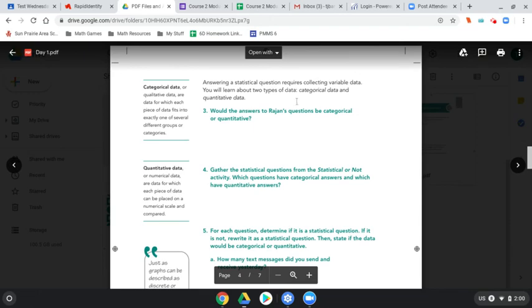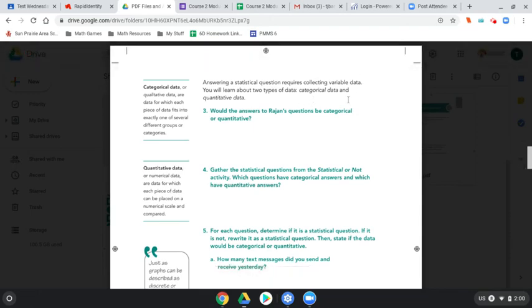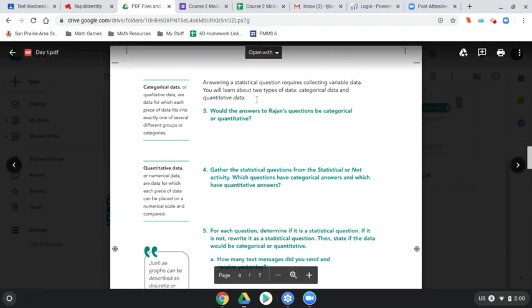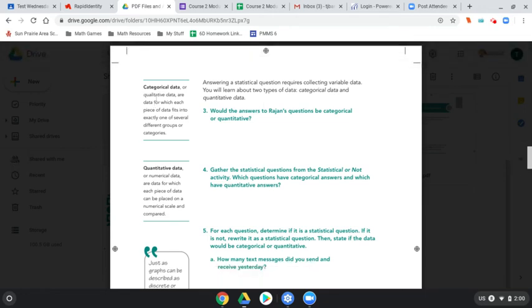So there's two types of data: categorical data and quantitative data. It's basically how it sounds. Categorical data, or qualitative data, is a piece of data that fits into one of different groups. What are the different types of clubs at my school?